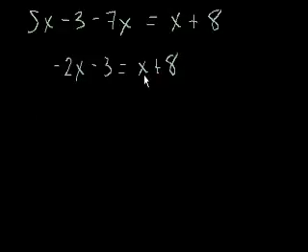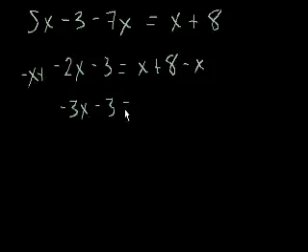Now, if we want to take this x that's on the right-hand side and put it over the left-hand side, we just subtract x from both sides. The left-hand side becomes minus 3x minus 3 is equal to, these two x's cancel out, it's equal to 8.